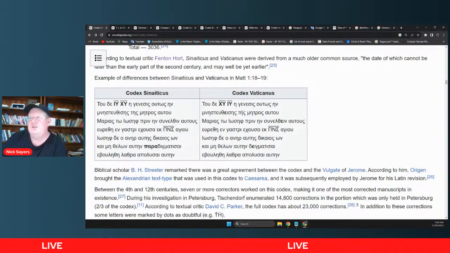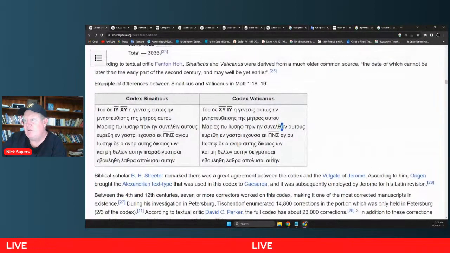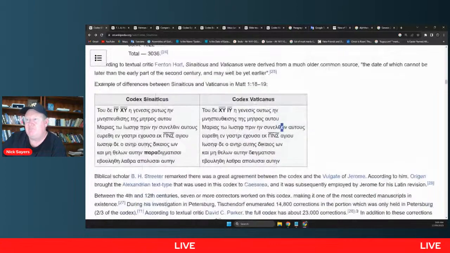Okay. And notice both of them have the Genesis with one nu instead of the two nus like the Textus Receptus, but that's a whole nother issue. And it has para here instead of this one has the here. Okay. So it's only a few small differences, but there are differences.